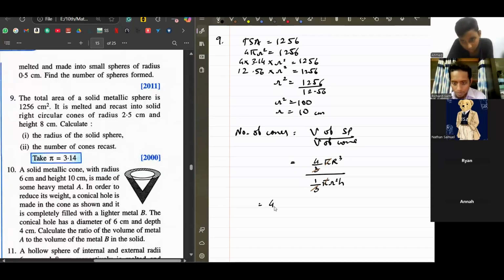So we have 4 into radius 10 cube divided by 2.5 square. That is 25 upon 10 into 25 upon 10 into height 8.